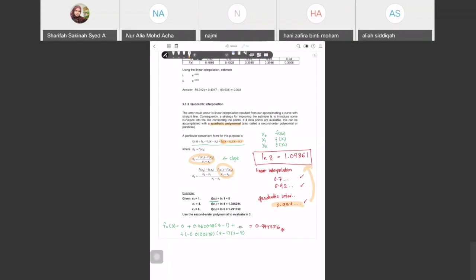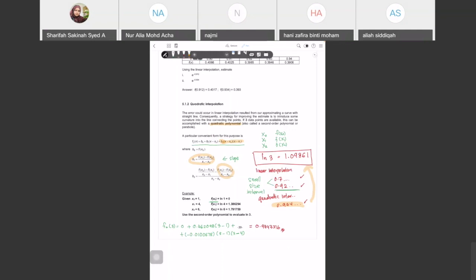So this is actually how you do your analysis of numerical methods. You need to know which method you are going to implement, why you implement this method, and then how you can improve the method. In this case, how can we improve the method? By using a small interval size, we get a better result.